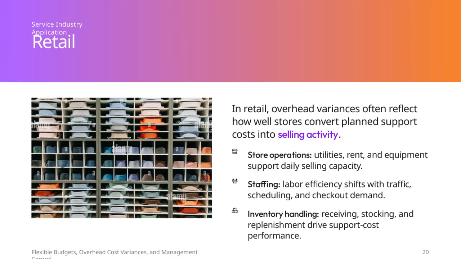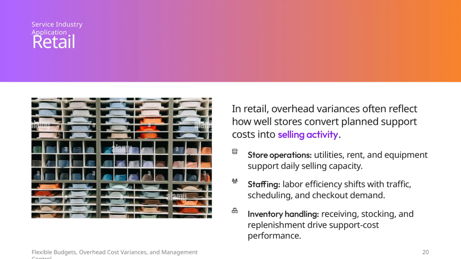When we look at overhead variances in retail, they often reveal how effectively stores turn planned support costs into actual selling activity. For example, store operations like utilities, rent, and equipment directly support the store's daily selling capacity. In staffing, labor efficiency changes depending on factors like customer traffic, employee scheduling, and checkout demand.